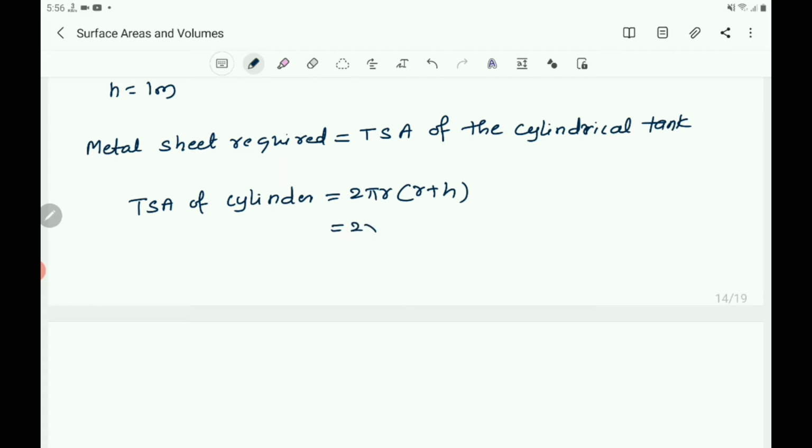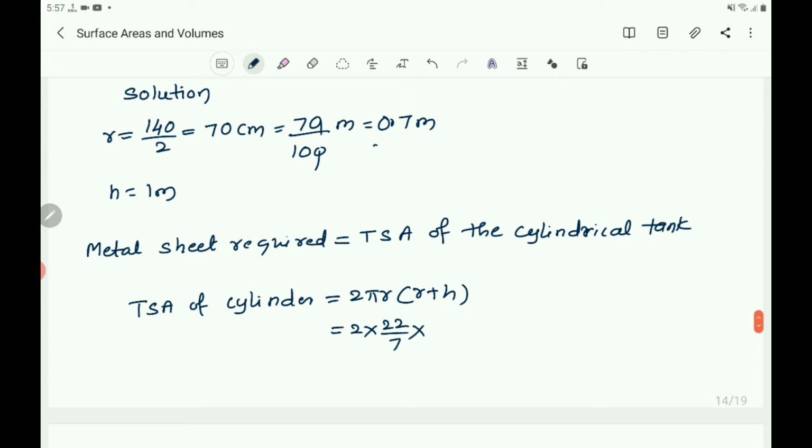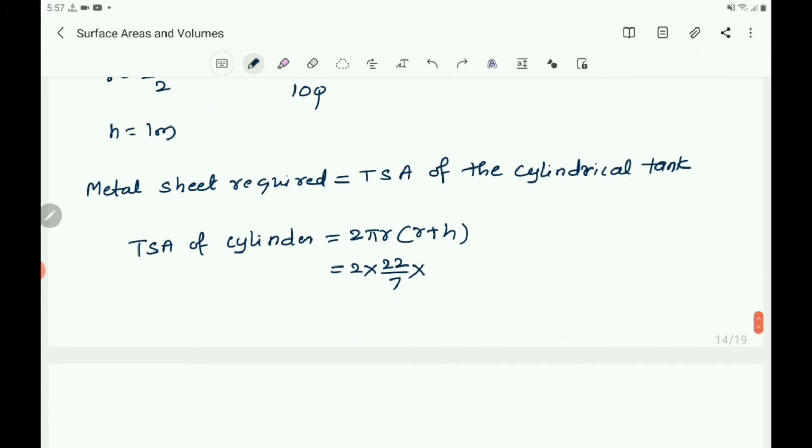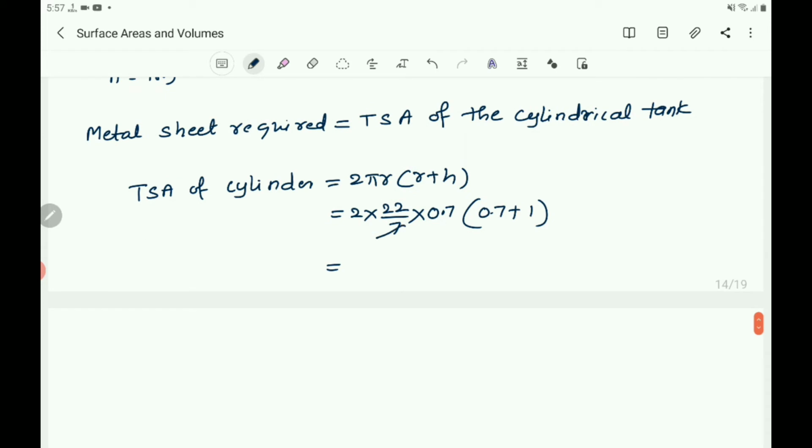Then you write 2 into 22 by 7 into r. R is the radius. Radius equals how much you got? That is 0.7 m. You write 0.7. Again 0.7 plus h is 1. Then it becomes 7 ones are 7, 0.1s are, and the product of these two, 22s are 44. 44 into 0.1, that becomes 4.4.